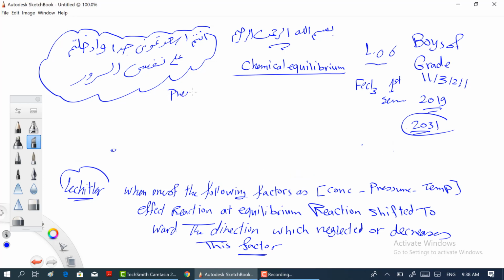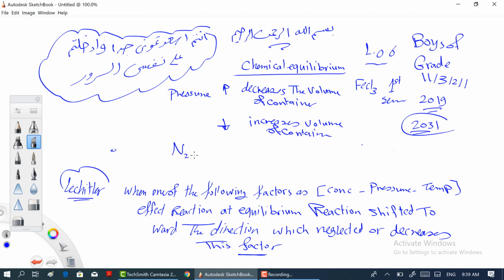Pressure. Increasing pressure means decreasing the volume of the container. Decreasing pressure means increasing the volume of the container.